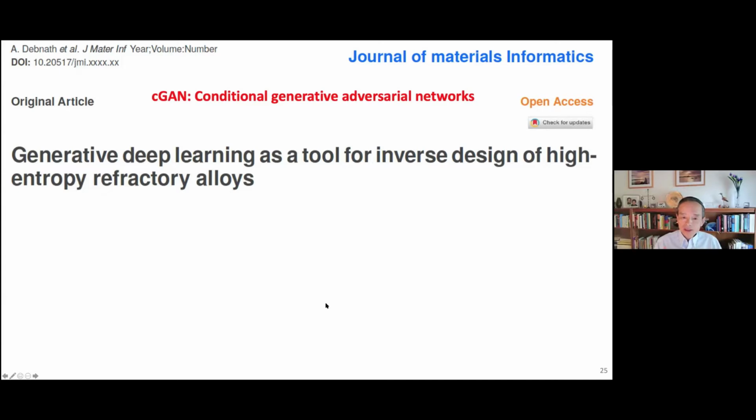However, as I mentioned, machine learning has been developing really rapidly in the last 2 decades, so it's a very important development. It's called generative adversarial networks. Conditional means that because we don't have all the data, we have to constrain ourselves, so we constrain it with the conditional GAN, CGAN. So it's inverse design.